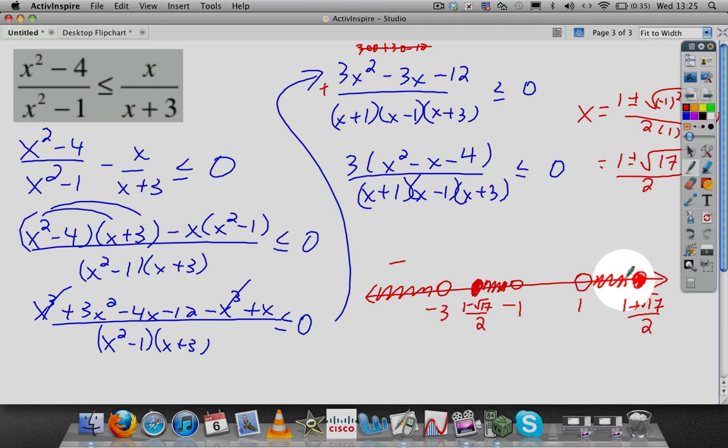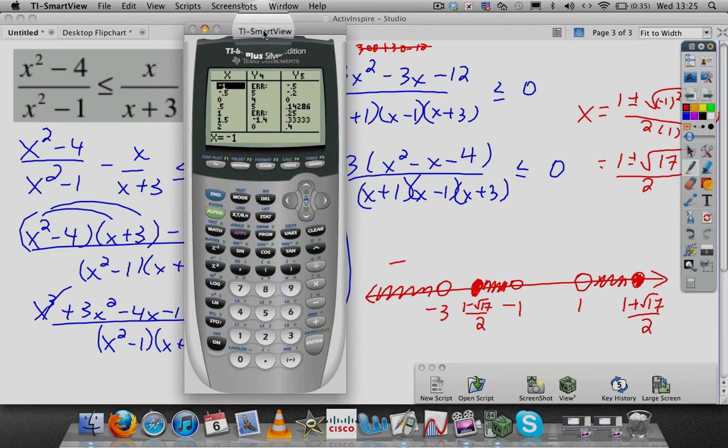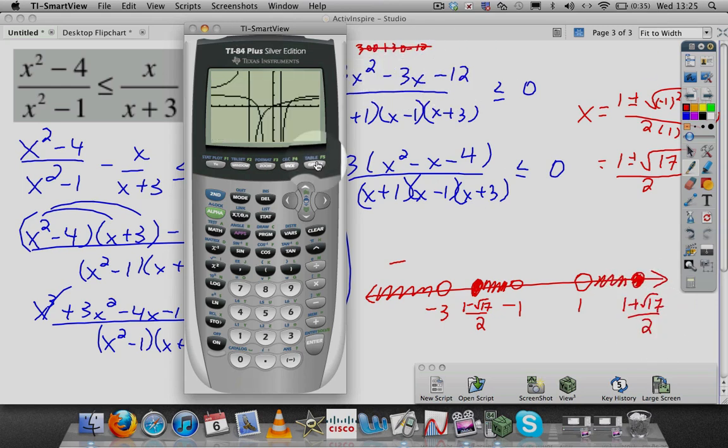Okay? And again, we can come back and look, well this was the solution to where it was 0. So we can go back to the graph again and focus on this here. We calculate the intersection. We want to move over. Again, notice these numbers at the bottom. And that's what we want. Enter, enter, enter.